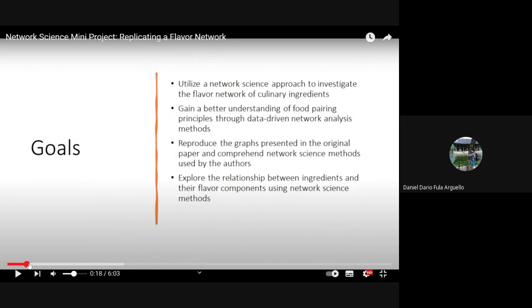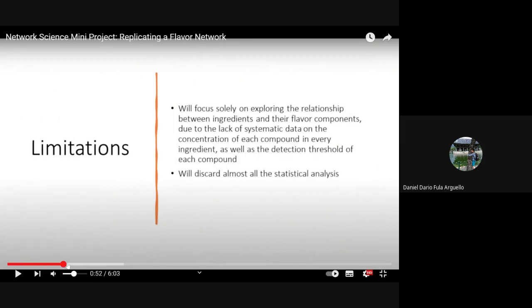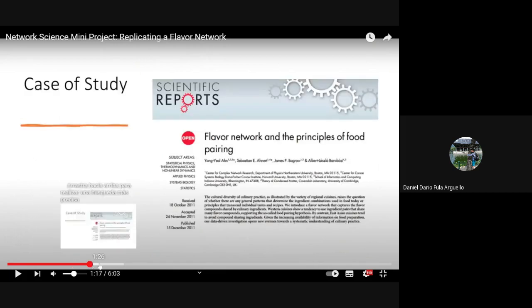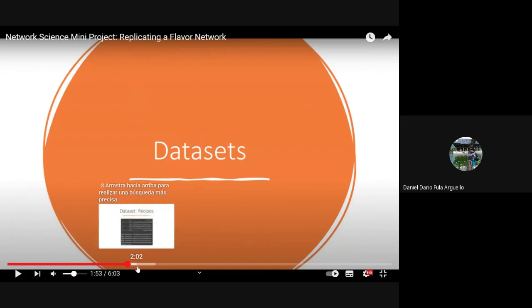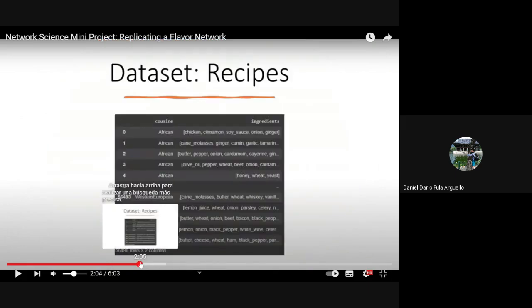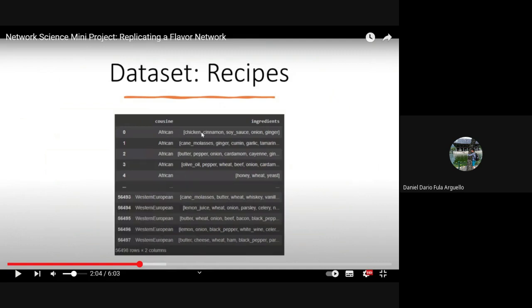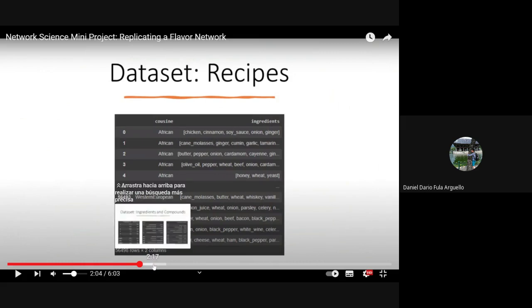We want to explore the food pairing hypothesis, which tells us that for some kinds of foods, the main ingredients share the same components, and it makes the prepared food more delicious. So we wanted to reproduce the flavor network that they introduced.